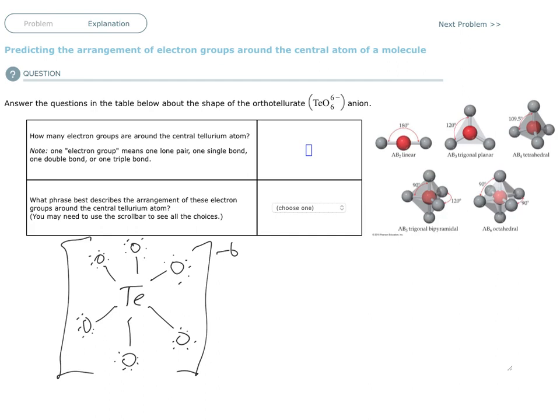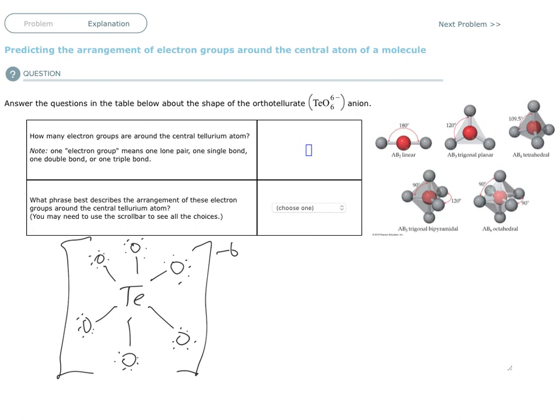So this has 6 things attached to it. Well, I've given you a schematic here on the left. If you have 2 things attached to the central atom, the central atom is red in all these examples here. If I have 2 things attached to the central atom, they're both negative. They've got electrons on them, and those electrons want to repel each other.